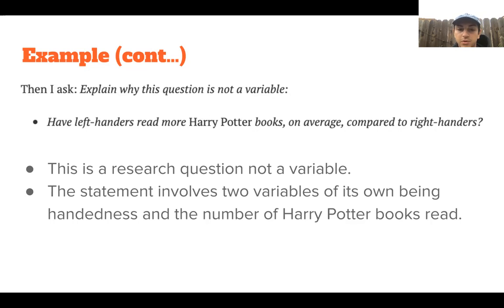The statement involves two variables, one being either being left-handed or right-handed, and the number of Harry Potter books read, and it also includes a summary of those variables with the average in the research question itself. This gives the students a better idea of everything that has to do with an observational unit and the variables that are going to be conducted in an experiment.